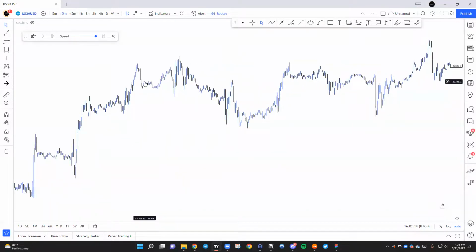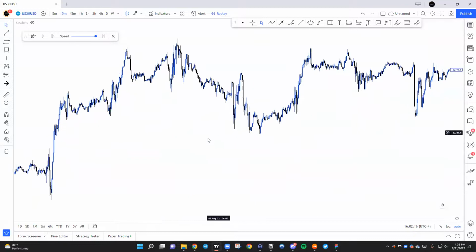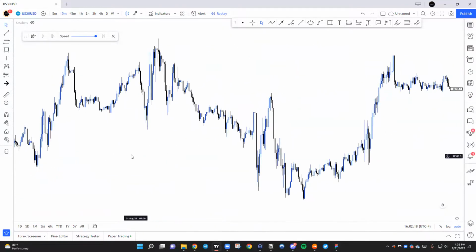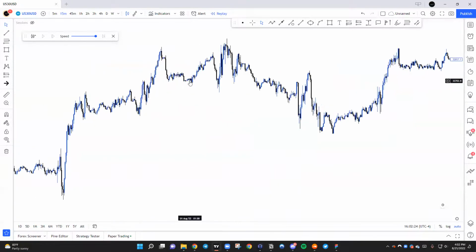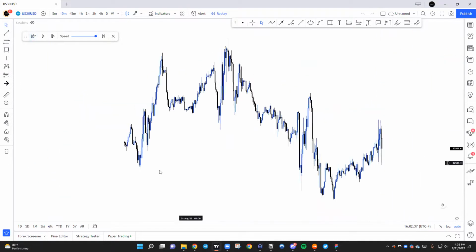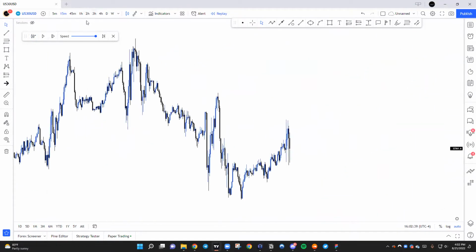So July 31st started here. Right here. Consolidating, consolidating. Then it comes up, makes this high, makes this low. If we was looking at it like, let's just go all the way back here.